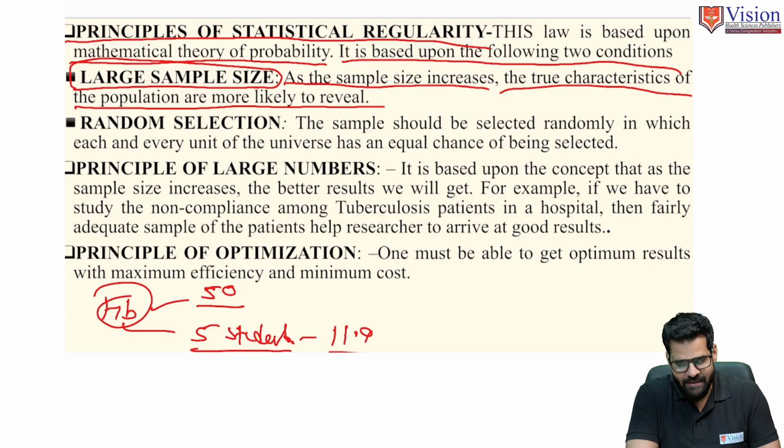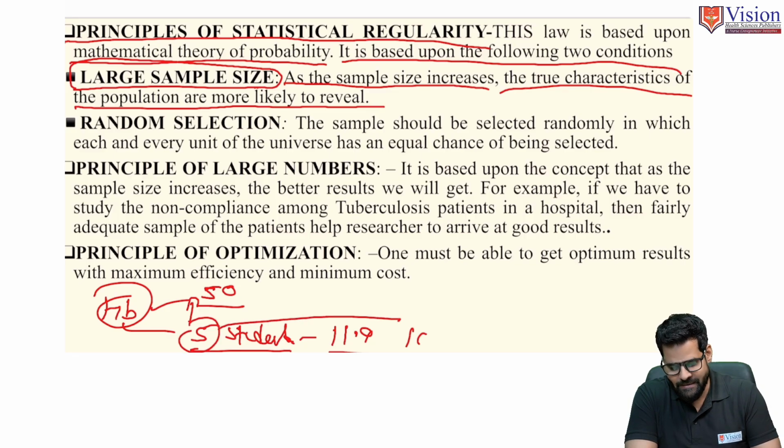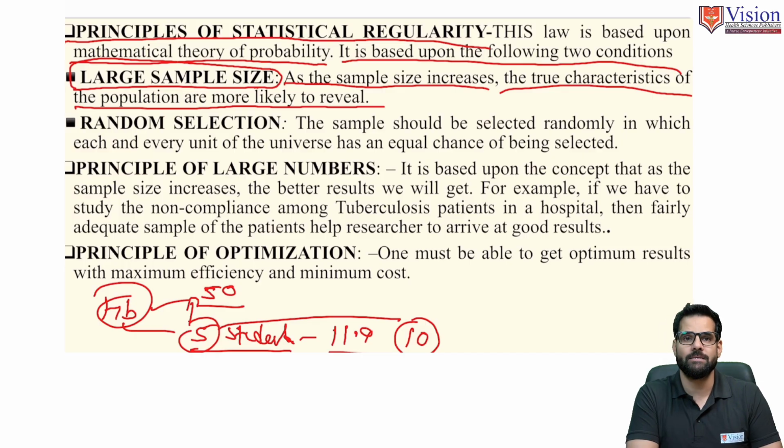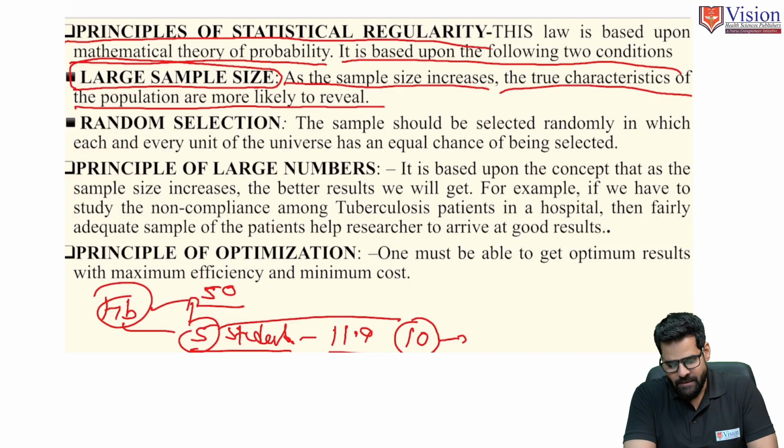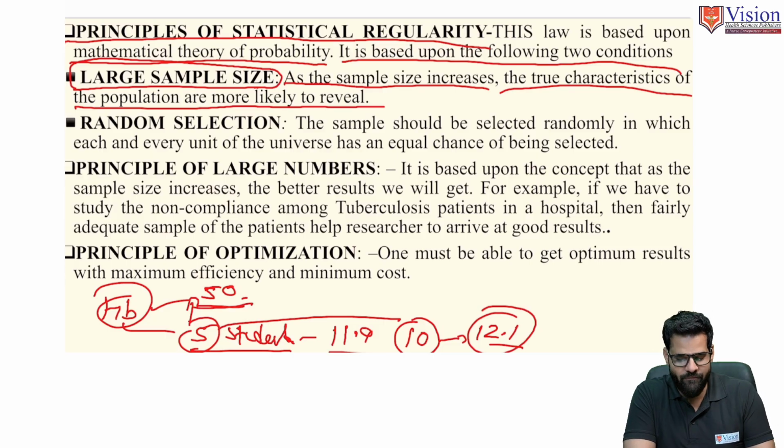These 5 are the sample of these 50. Now instead of 5, if you take 10 samples from the class of 50 and you see that the hemoglobin level is 12.1, that means it is nearer, because it is a finite population.